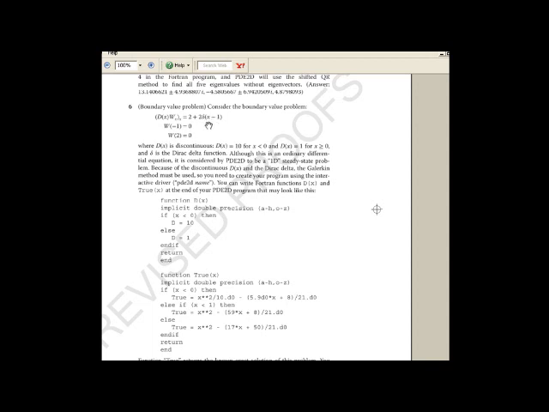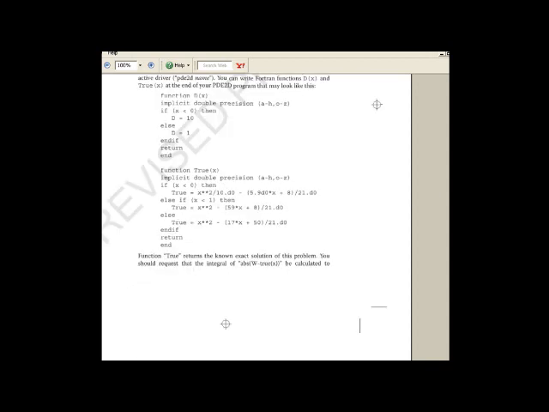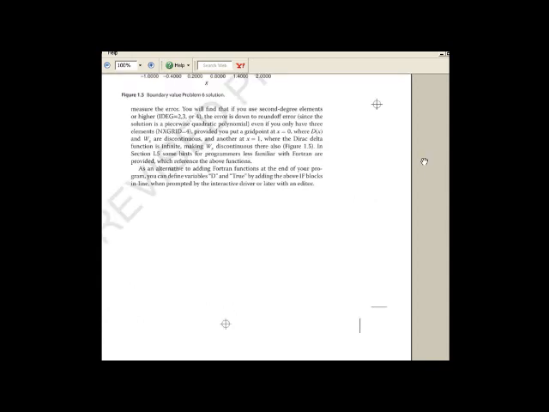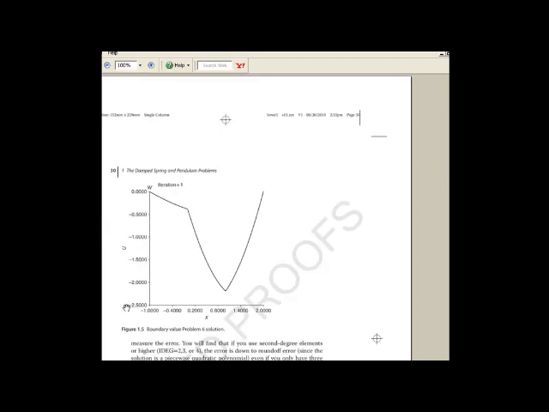This is basically like a string problem, but there's a constant force and then there's a delta force. So this seems like a fairly difficult problem. Next page is showing what the solution should look like. It's going to be 0 at -1 and 0 at 2.